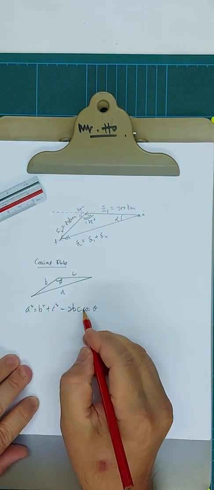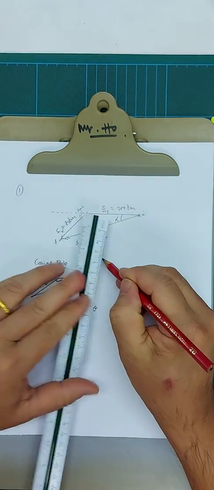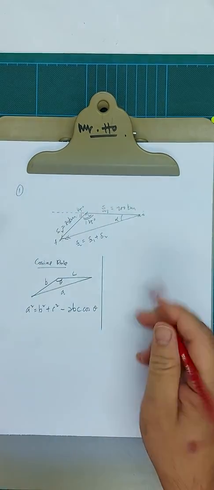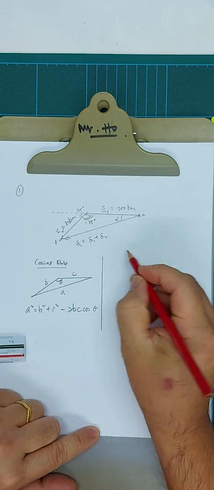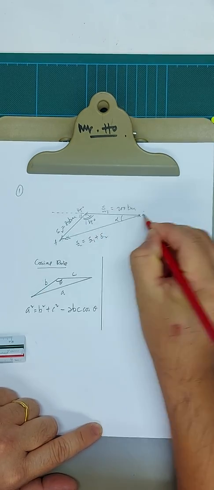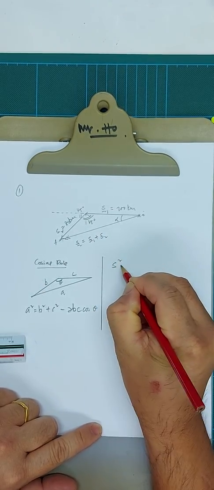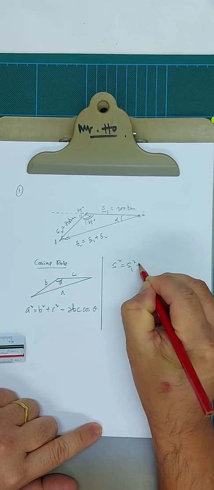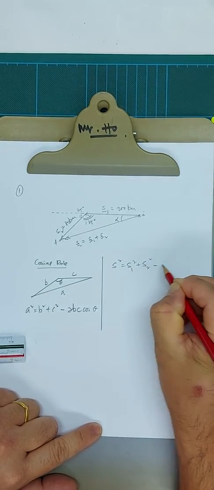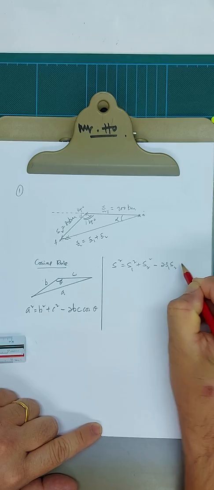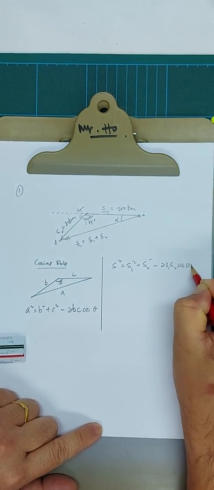Now we use that to calculate our magnitude, which we call S. So S square is equal to S1 square plus S2 square minus 2 S1 S2 cosine 135.